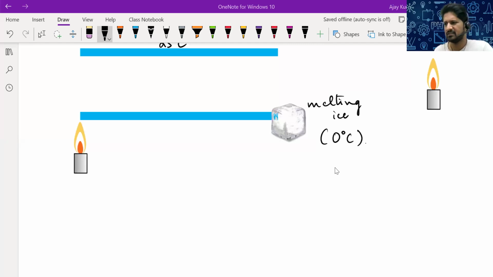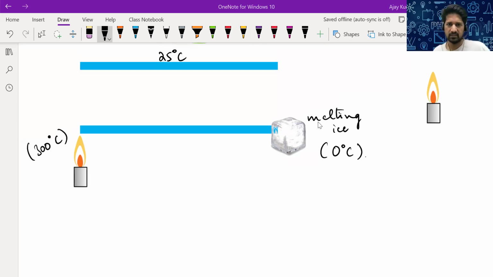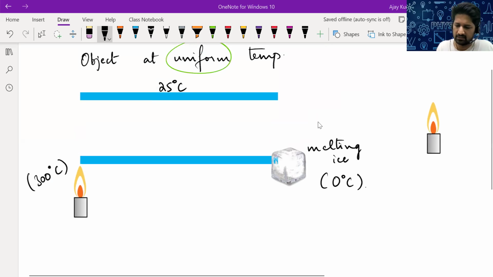Let's say the flame is at some high temperature, maybe 300 degrees C. It cannot really be 300 degrees C, but anyway, the flame after passing some distance can come down to that temperature. Let's assume something like this. So we are keeping one end of this rod at 300 degrees, the other end at 0 degrees. Initially, the entire rod was at 25 degrees C.